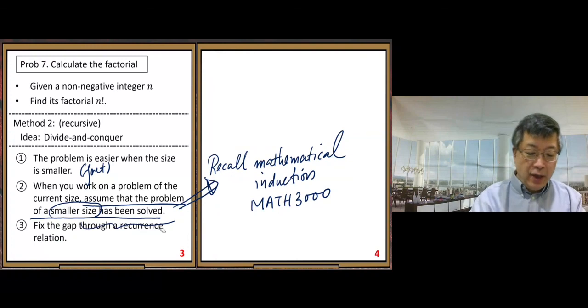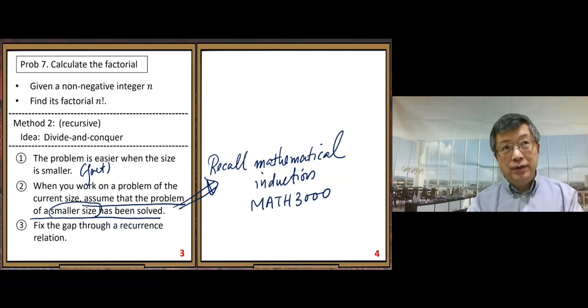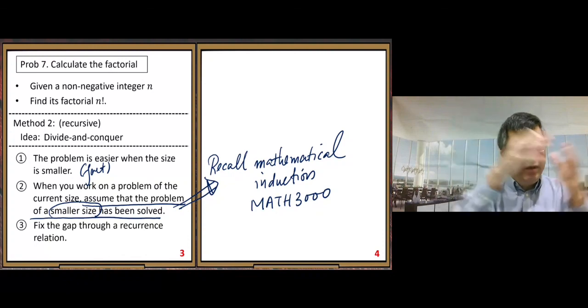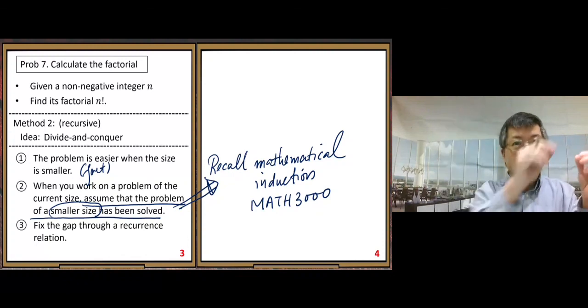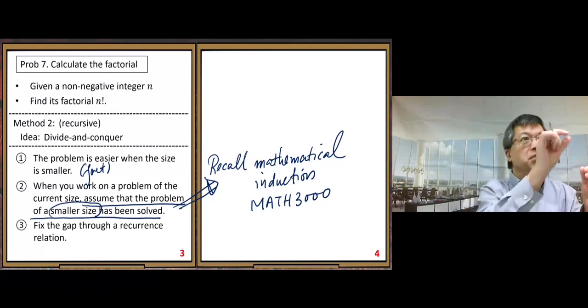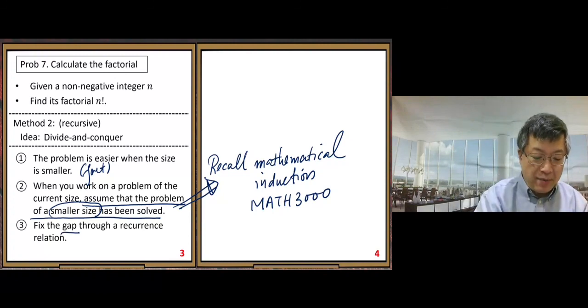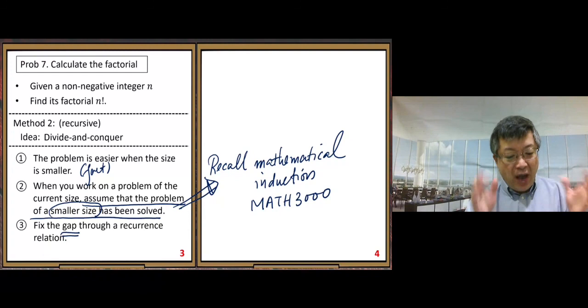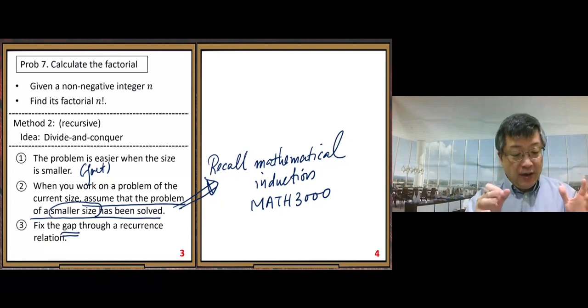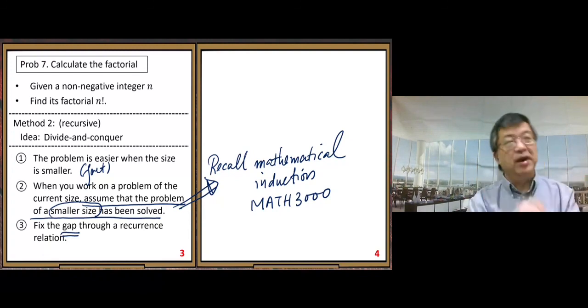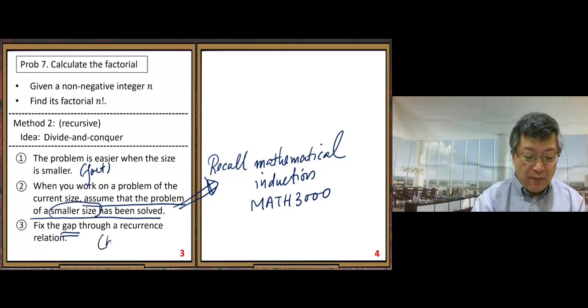After that, there is a gap. Because smaller size, current size, between these two problems, there is a gap. So you need to fix the gap through a recurrence relation. Or we say bridge the gap.